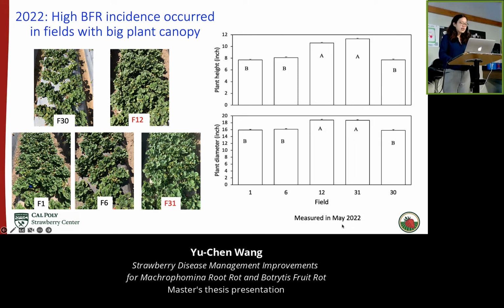And we found that field 31 and field 12 have significantly higher plant heights and plant canopy, and field 6 has a smaller plant size. So that might be the reason why we have higher Botrytis incidence in field 31, although it is located in a dry area.